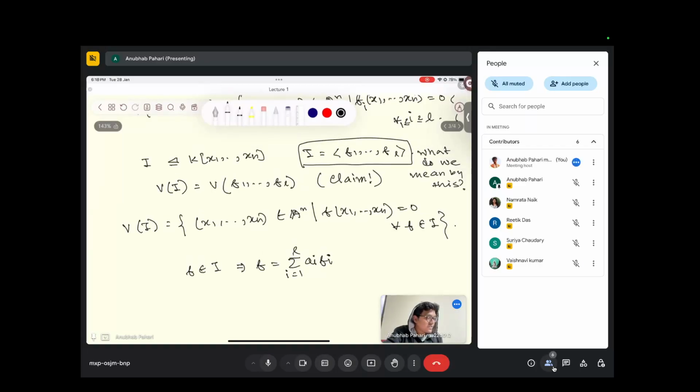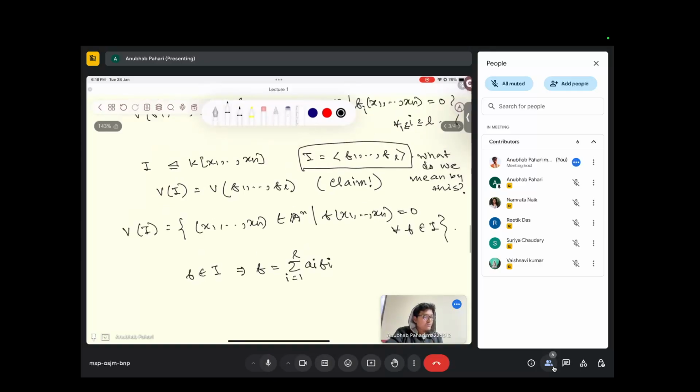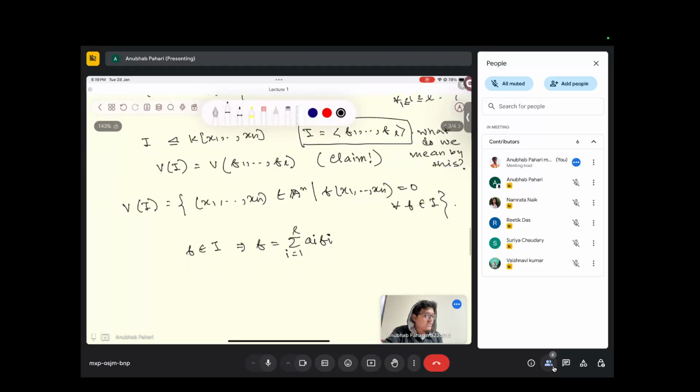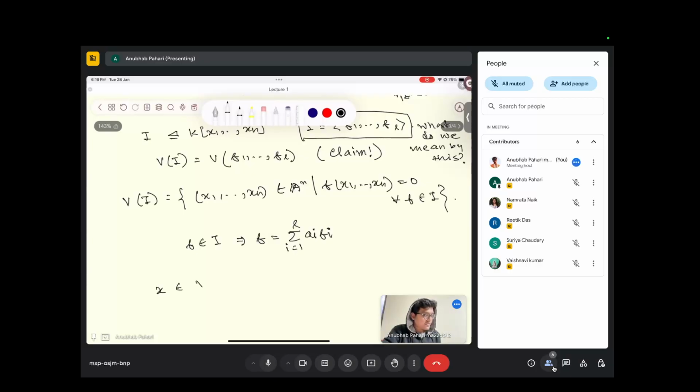So now you can see that if f belongs to I and f equals this, then it is better to do direction-wise thinking. Suppose x belongs to V(f1, ..., fL).